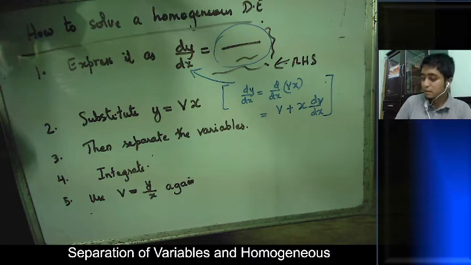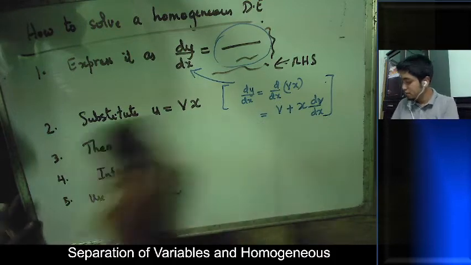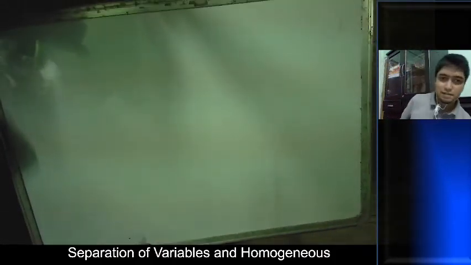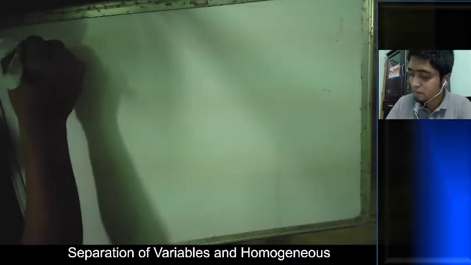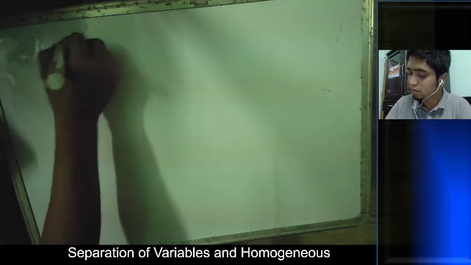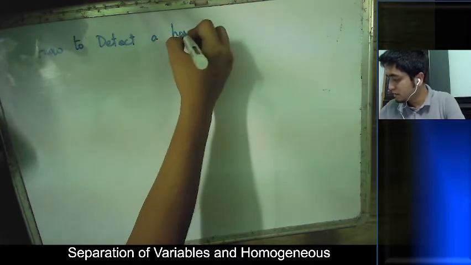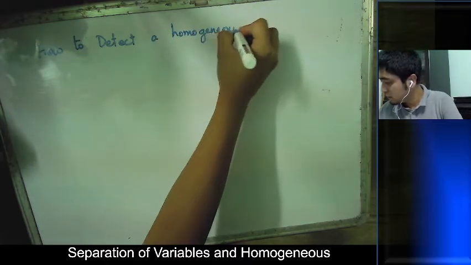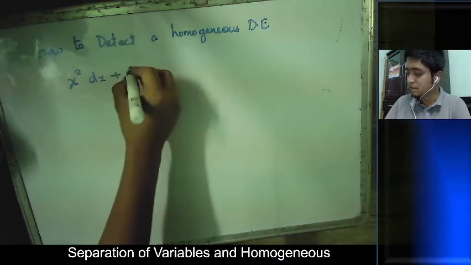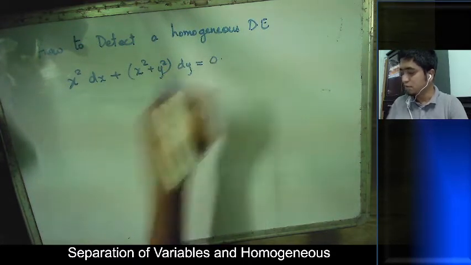But how exactly do we detect a homogeneous differential equation? Because using lambda will take a lot of time. So this is what I usually do. In fact, all of us do it. How to detect a homogeneous differential equation: suppose you are just given a random differential equation equal to 0.